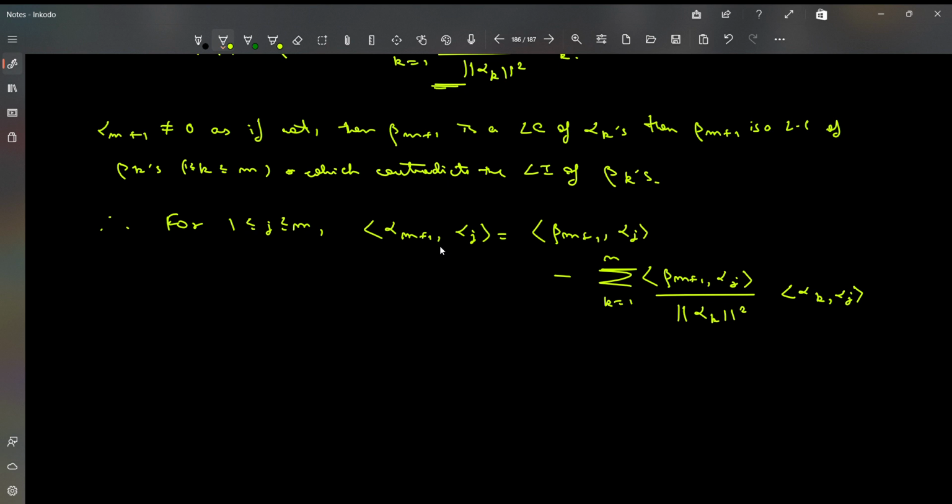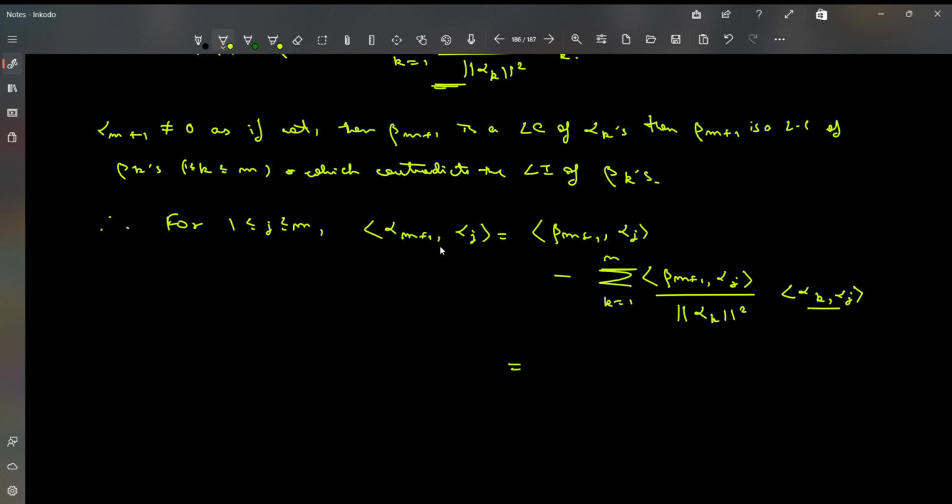So if it's orthogonal, then the inner product of alpha k with alpha j is 0 for all k not equal to j, and it is non-zero, namely the norm of alpha k squared, when j equals k. So if I take this summation over k, every element cancels out to 0 except the element where k equals j.